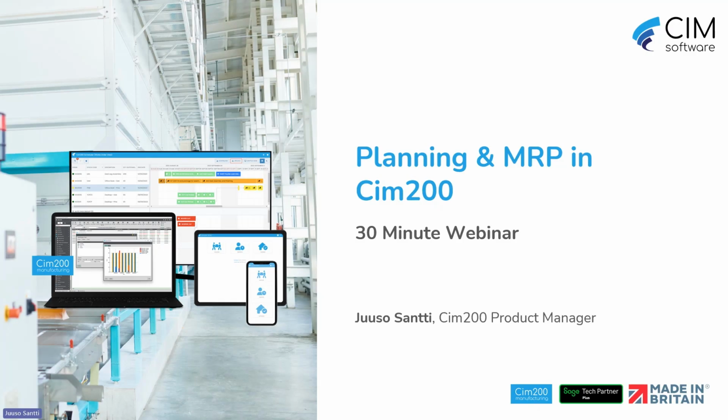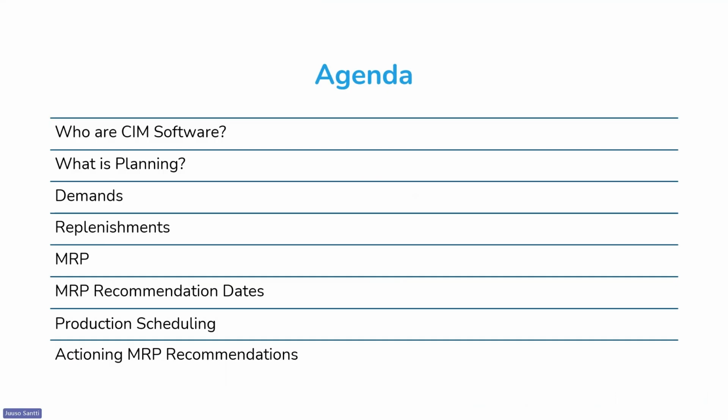So first of all, the agenda for today's webinar is to have a look at who we are, very briefly. I don't want to bore you too much about that. What is planning in Cim200? And then we look at the demands and replenishments and how MRP will react to those and how it produces some of the recommendation dates.